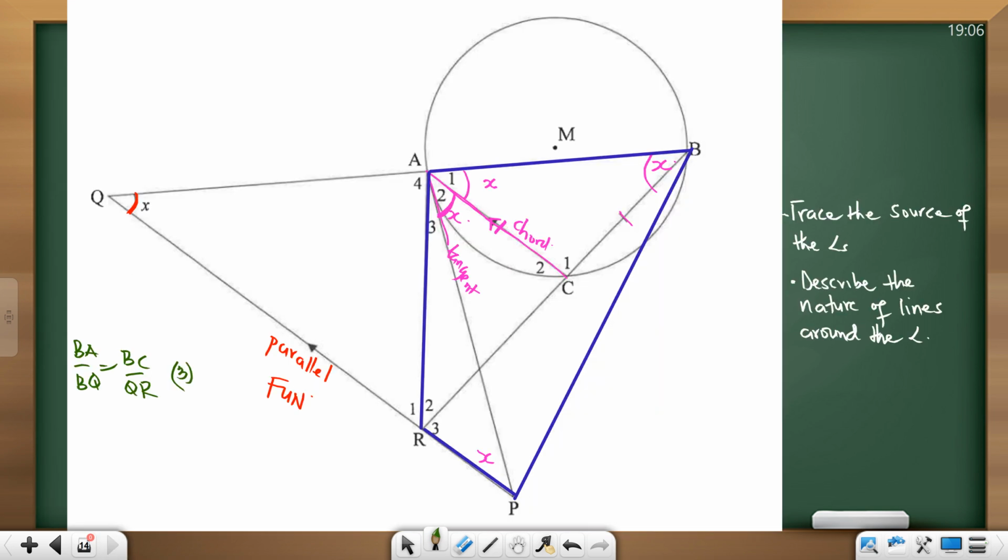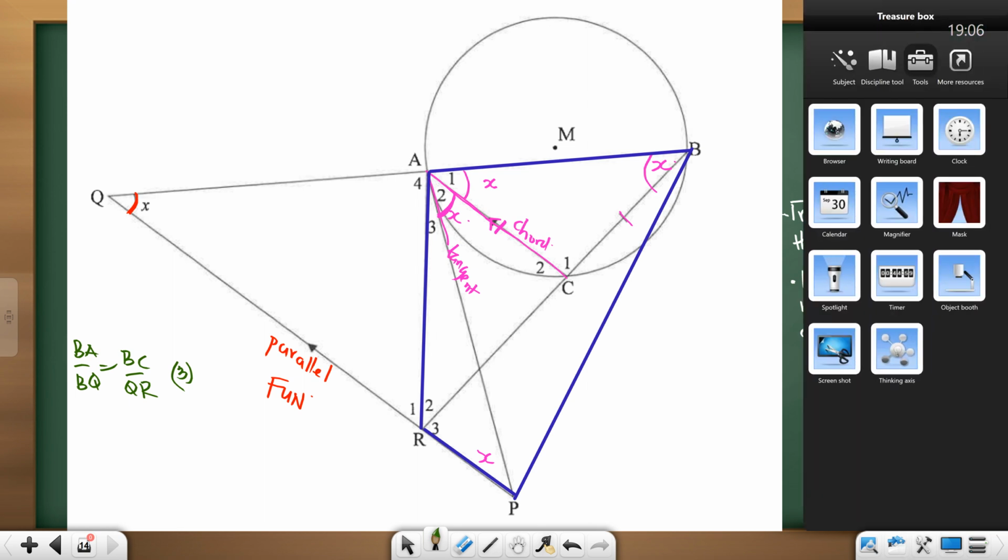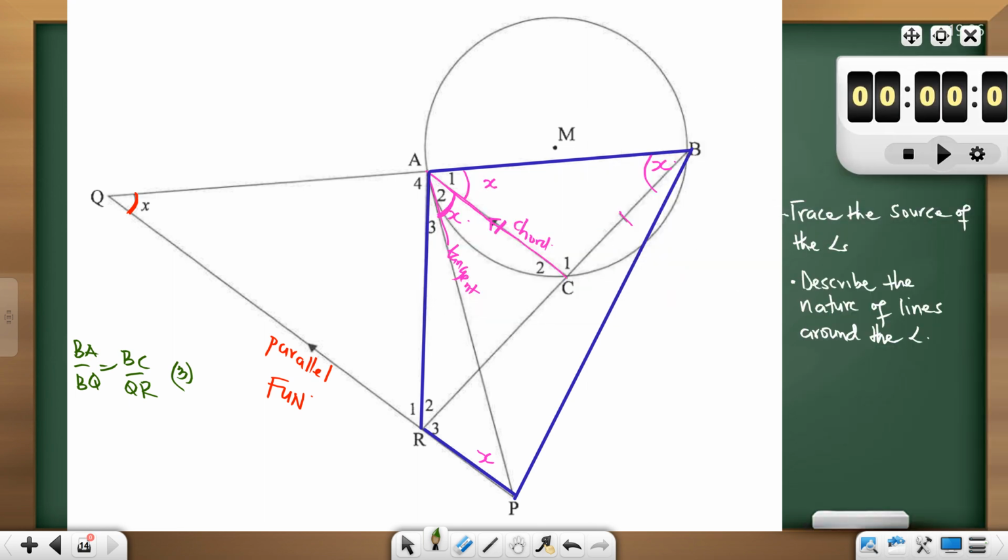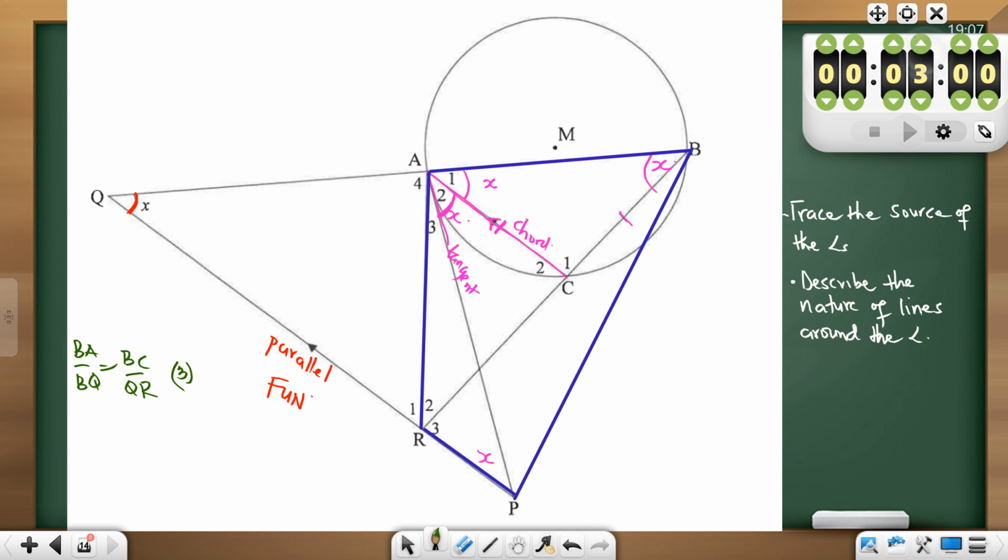I'll give you 5 minutes. Find a way out. Don't get a 0. Trace it out. So proving BA over BQ equals BC over QR.